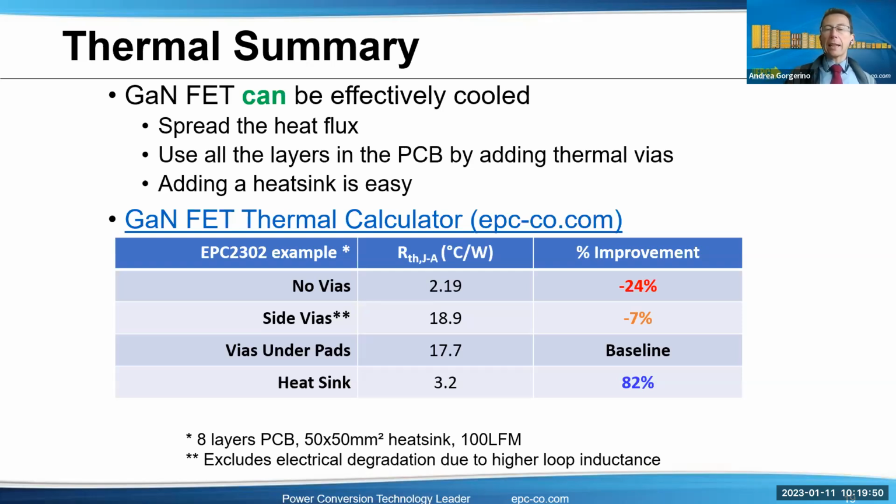Now, if you add a heatsink on top, this is a fairly small heatsink, you can reduce the thermal resistance by 5. And this is how you get really the high power density designs. So as an example, you can go online and put in your own parameters and really play around with the effects of all these different thermal paths.